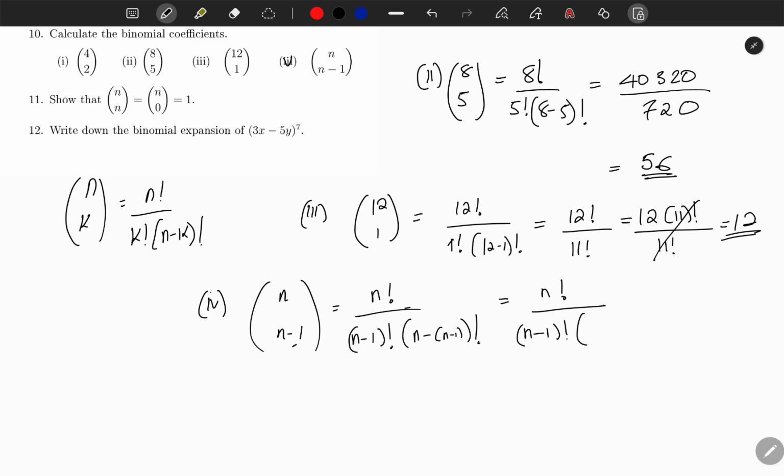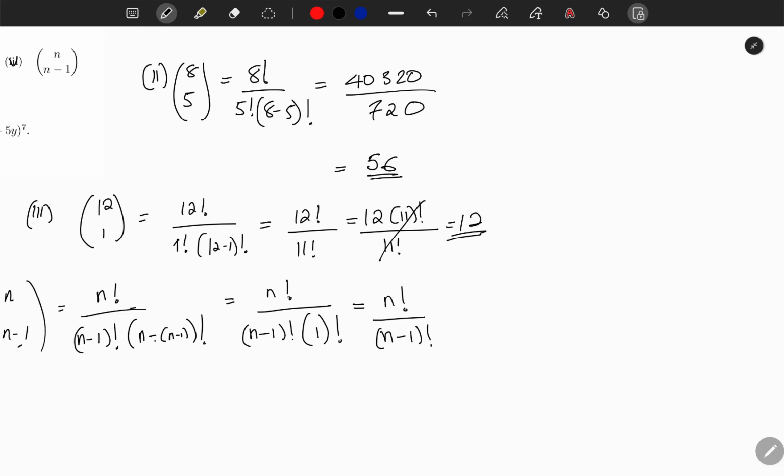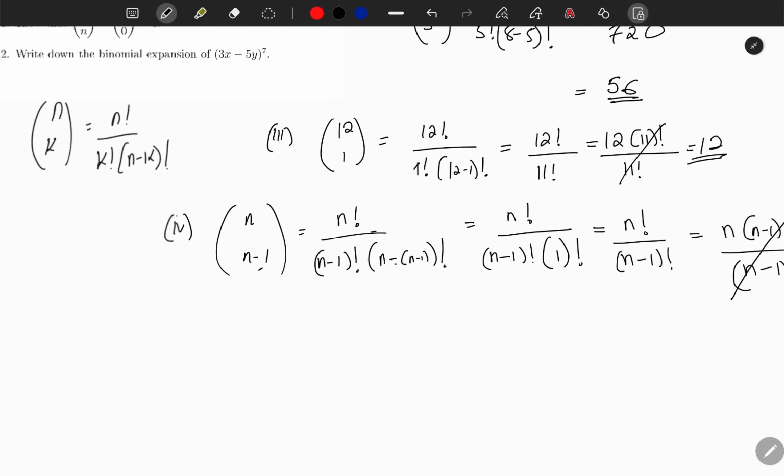You can correct me, please. Here we get negatives, these cancel, and we get positive 1. So this gives us 1 factorial, which will give us n factorial over n minus 1 factorial. But I can still work out this. I can write n factorial as n times n minus 1 factorial over n minus 1 factorial. So those cancel. The answer here is n. That's wonderful. How beautiful.